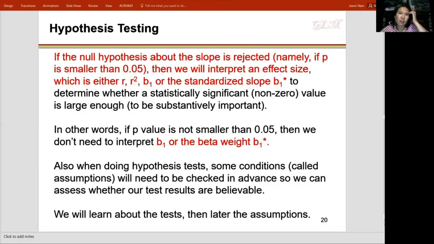Hypothesis testing. If the null hypothesis about the slope is rejected, that is, if the p-value is smaller than 0.05, then we will interpret an effect size, r squared, b1, or the standardized slope b1 star.